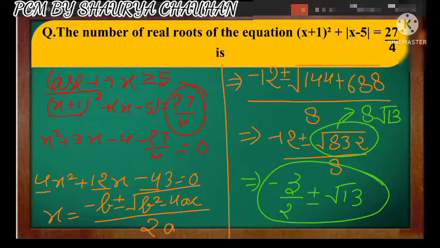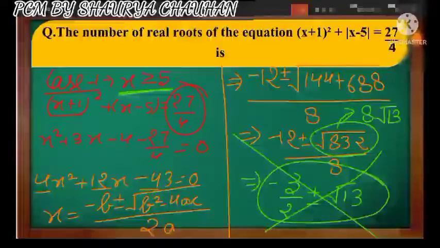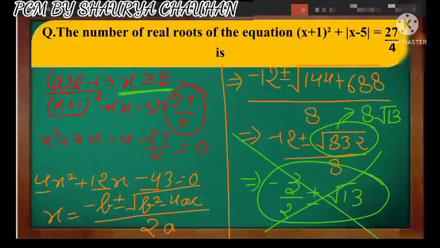These both are less than 5 and in this case we have taken x greater than or equal to 5. So these roots cannot be considered because x is greater than or equal to 5. So these roots are not real roots, hence these roots cannot be taken.